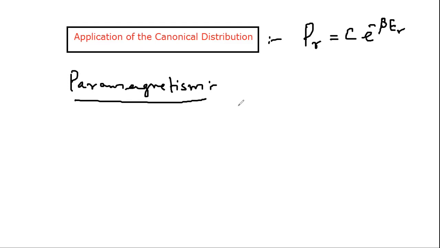So consider a substance which contains N naught magnetic atoms per unit volume.